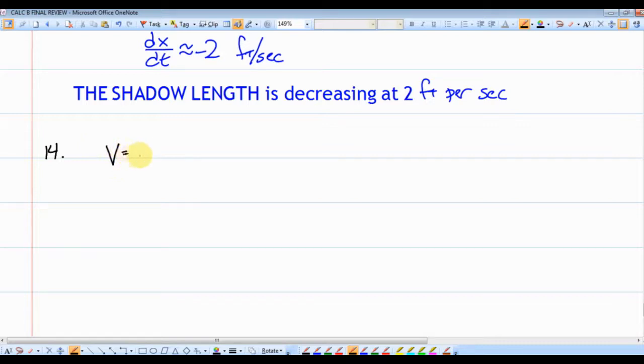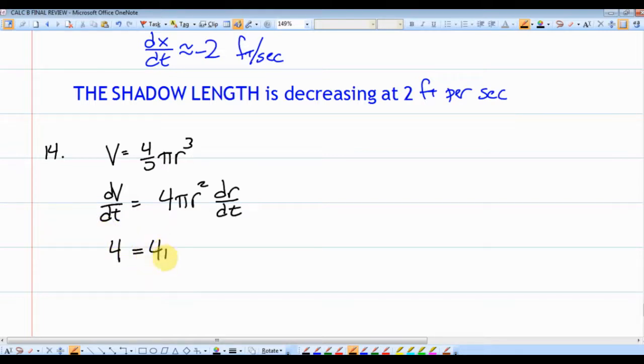Volume of a sphere is 4/3 pi r cubed. Do we have any constants? No, we don't. Okay, so now we can take a derivative. dV/dt is equal to 4 pi r squared dr/dt. Let's put some things in here. The volume is increasing at 4 inches cubed per second, so 4 equals 4 pi, and the radius is currently 1.